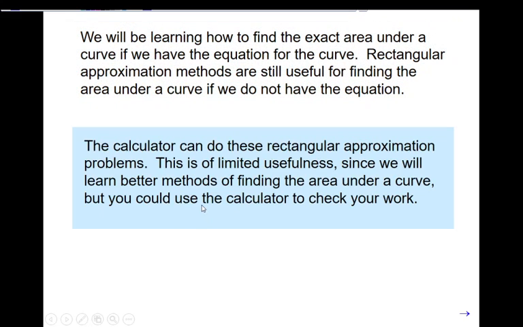Calculators can do these rectangular approximation problems, but since it's of limited usefulness, we're going to be learning better methods. You could use the calculator to check your work, and most calculators actually use a rectangular approximation method, but the rectangles are so small it would be almost impossible for a person to do them. We will eventually do it using a calculator, and you'll see what we're doing. And that's rectangular approximation.